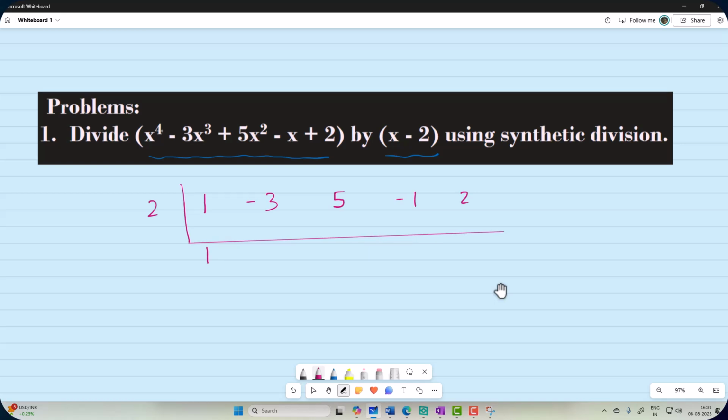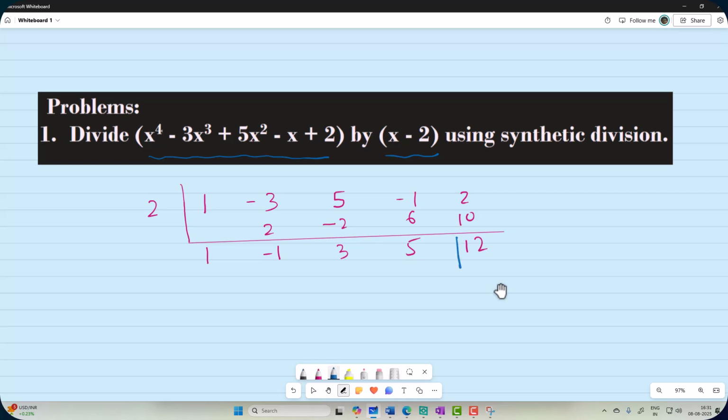Then multiply 2 by 1. It is 2. Minus 3 plus 2 is minus 1. 2 into minus 1 is minus 2. Then it is coming 3. 2 into 3, that is 6. 6 minus 1 is 5. 2 into 5 is 10. It is 12.